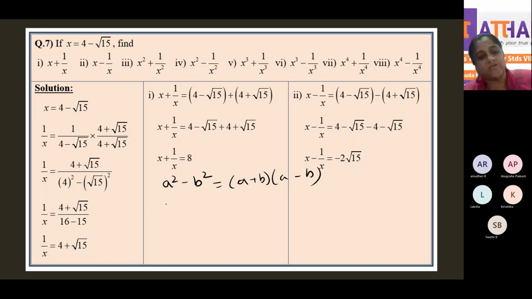So then what is x square minus 1 by x square?